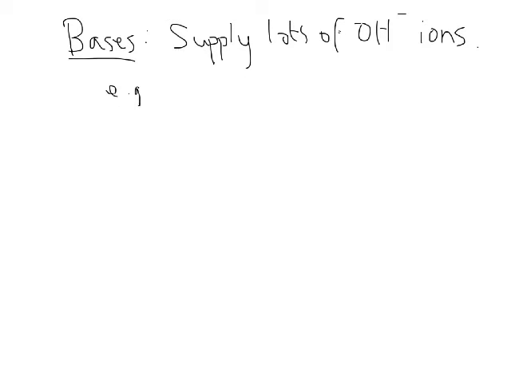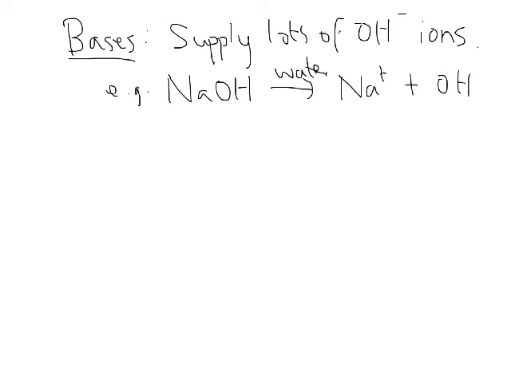Classic bases are something like sodium hydroxide. That's a white powder. When it hits water, it turns into Na plus ions and OH minus ions. These are very dangerous and reactive.